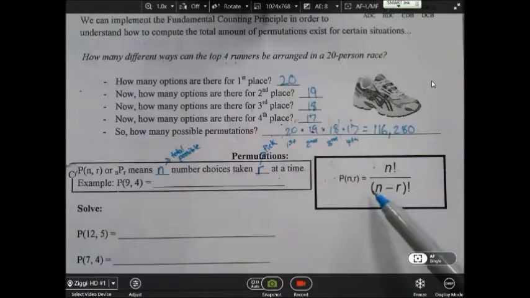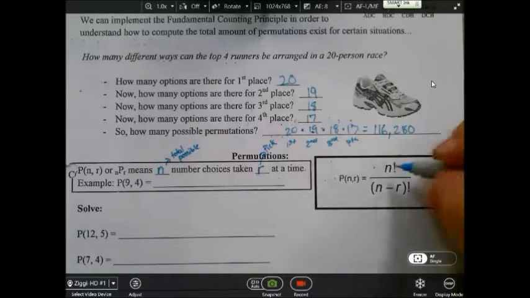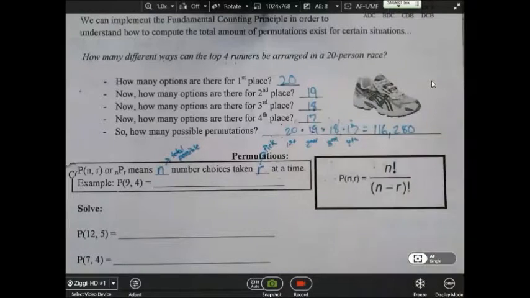So let's take a look at the formula now that we know what these mean. Some of you may not have seen this symbol before. See this? What is that? Yep, it's an exclamation point. In math, we call it a factorial. And a factorial tells us that we are going to multiply all the numbers starting from the big one all the way down to its smallest.